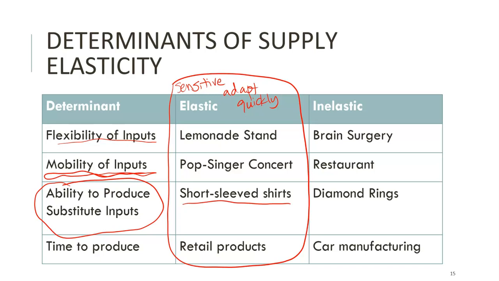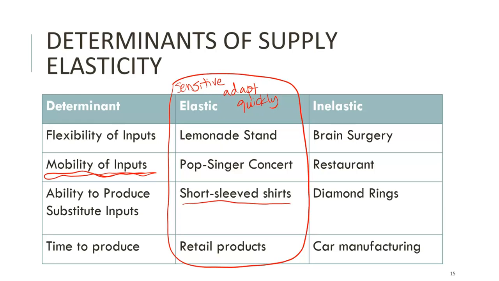So I could still make my short sleeve shirts. I'm just going to substitute linen or wool or a blend of fabric, something else. And this is very similar to flexibility of inputs. In this case, it's just flexibility of the company that also produces one of their inputs to production.